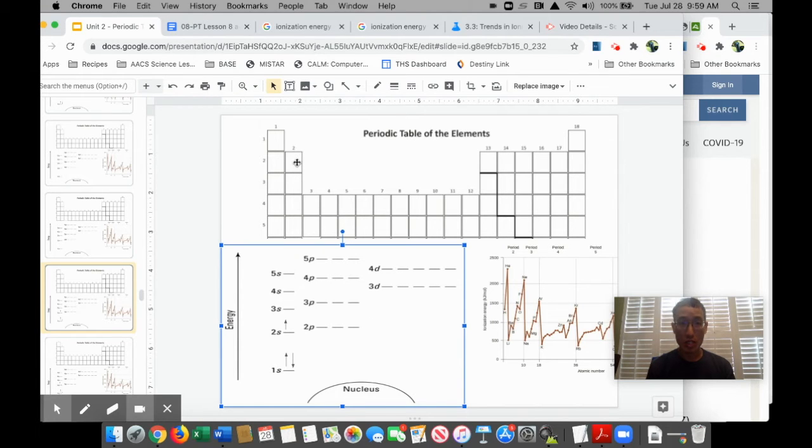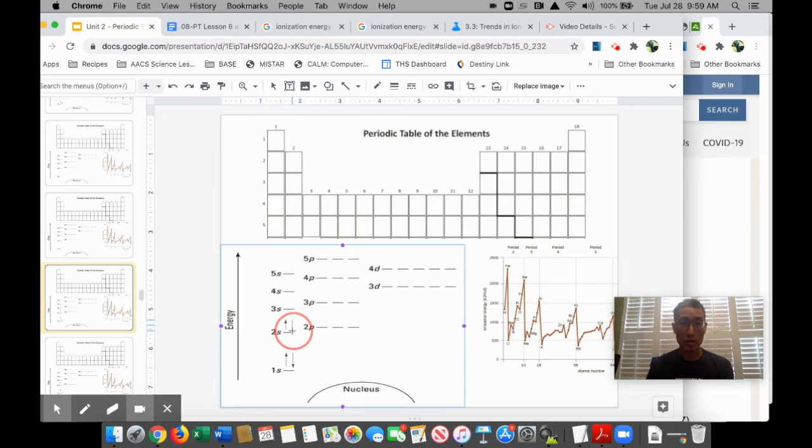Beryllium is right here on the periodic table. Well, this energy level is not filled yet, and so we're starting to see a pattern here. As we fill in electrons, they want to get filled in by the lowest energy first. Electrons want to be as low energy as possible, and so it's going to get filled in here.